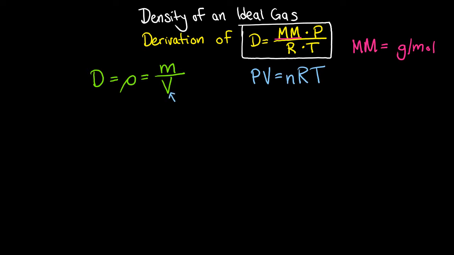When the mass is held constant, an increase in volume will lead to a decrease in density. Take a look at these fractions: 1 over 2, 1 over 3, 1 over 4, and 1 over 5. As the denominator gets bigger, the value of the fraction gets smaller, because 1/5 is less than 1/2.